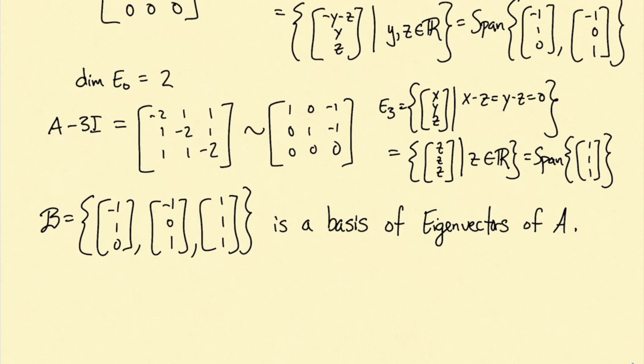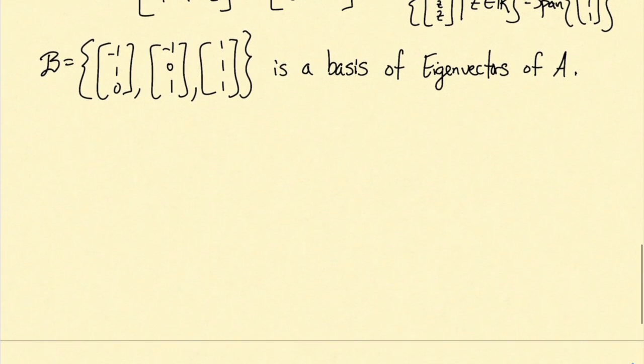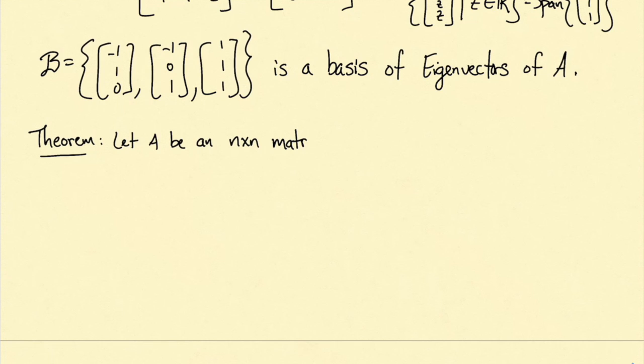In this case, the important piece was that we had enough linearly independent eigenvectors. In general, this will happen whenever the algebraic and geometric multiplicities agree. So let A be an n by n matrix.